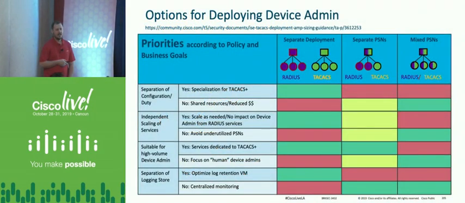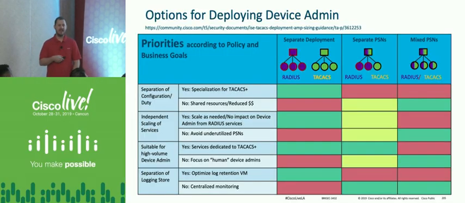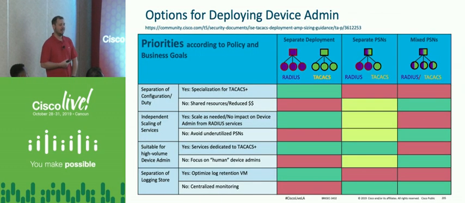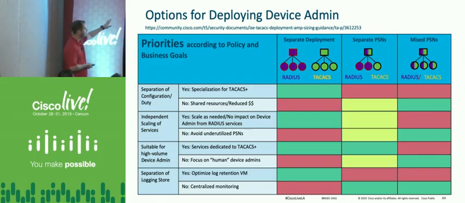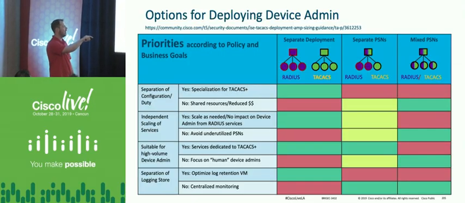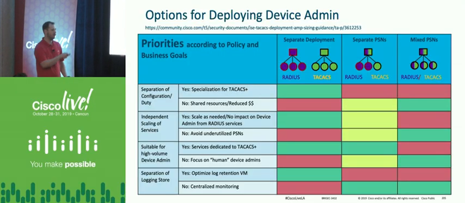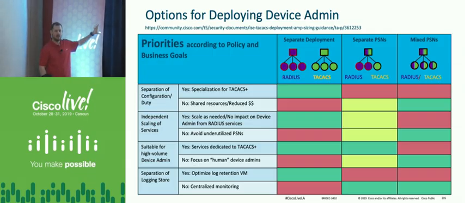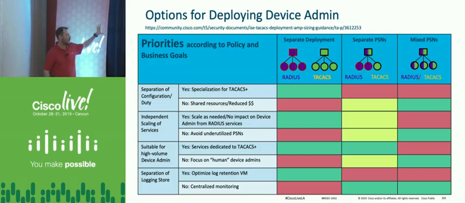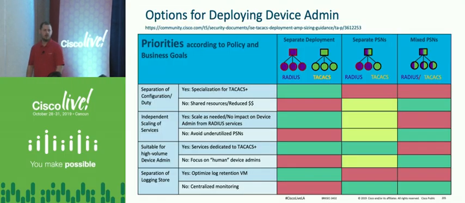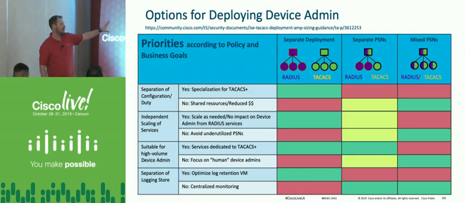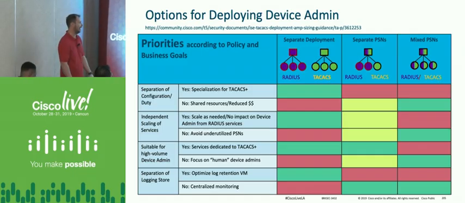The key takeaway from thinking about TACACS with ISE and production scale is how you actually design this. Whether or not you want to run a separate deployment for Radius versus TACACS, or separate PSNs for Radius and TACACS, or run a mixed PSN, both running Radius and TACACS.